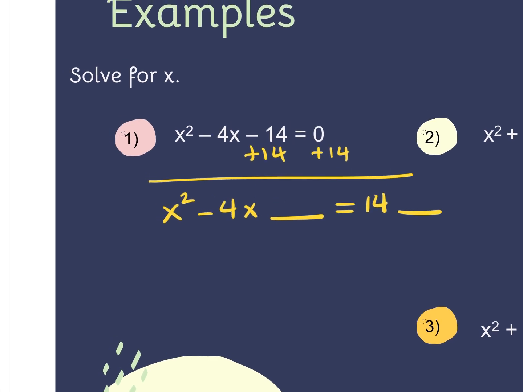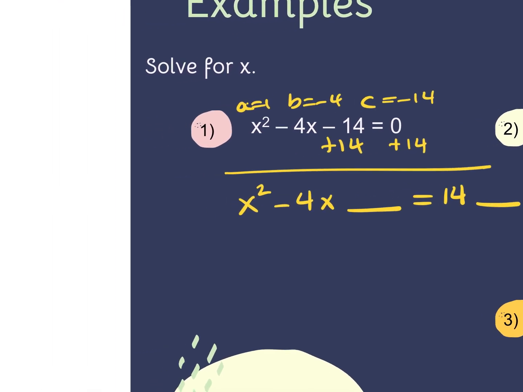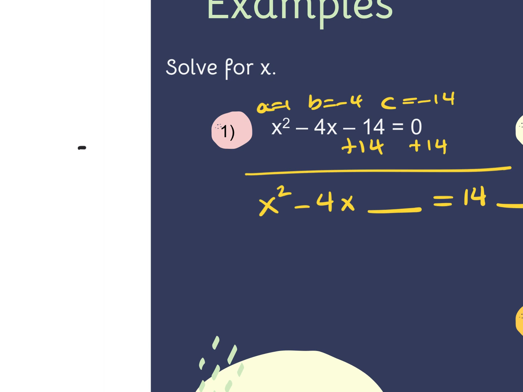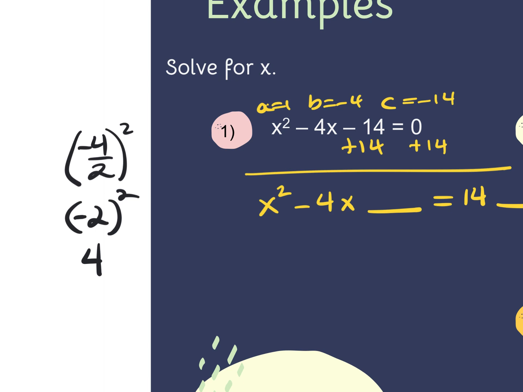So I'm going to take my b term. Remember, my a here is 1, my b is -4, and my c was the -14, the constant, and I moved it to the other side. So now I'm taking my b term, dividing it by 2, and then I need to square it. -4 divided by 2 is -2, and then this gives me 4.